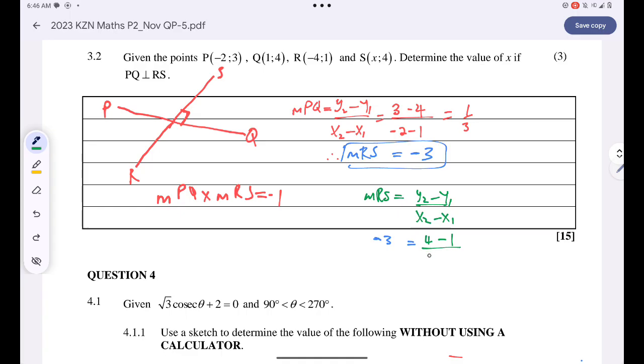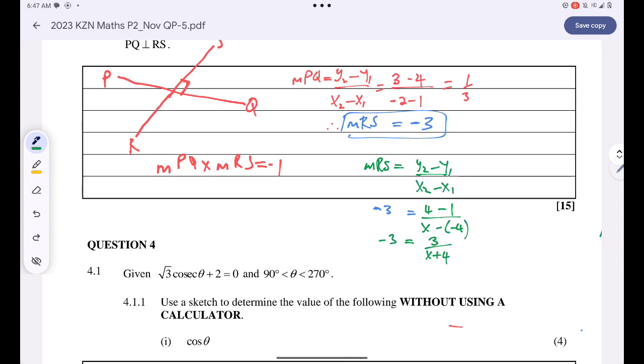The x value at S is X, and the x value at R is -4. Okay, I'll simply have -3 being equal to 3 all over X plus 4, né?